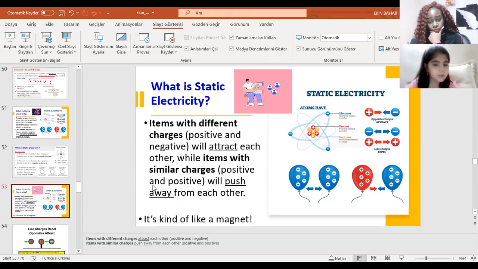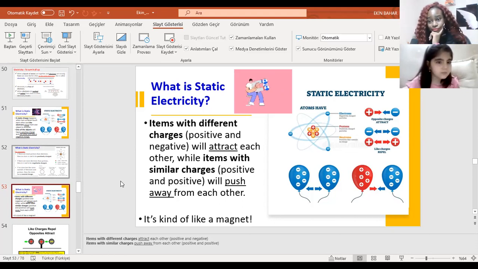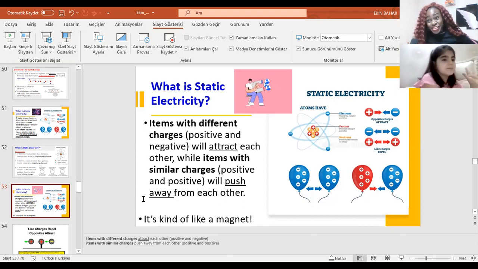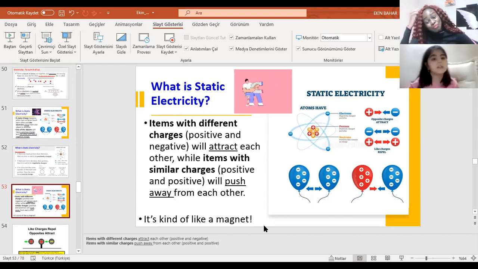What else is similar to this? Electricity. Static electricity. But I said different from magnets and static electricity.